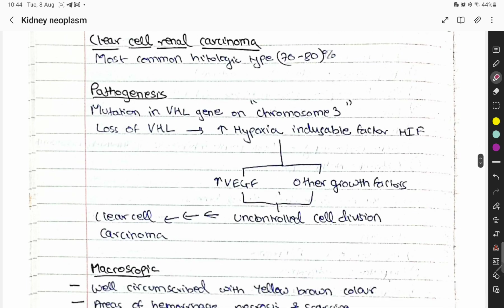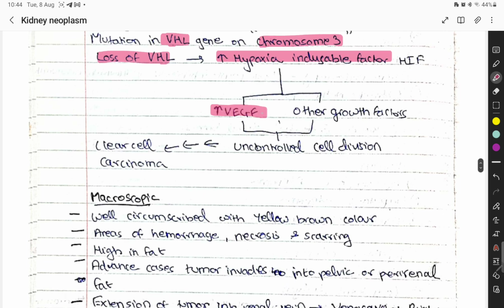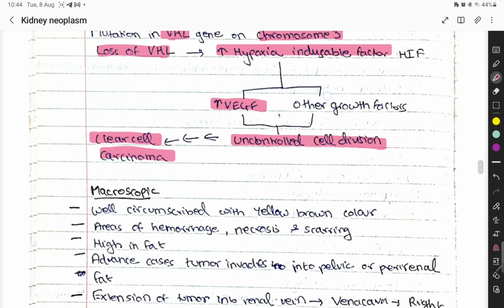Clear cell renal carcinoma is the most common histological type, with 70% to 80%. Pathogenesis: a mutation in the von Hippel-Lindau gene on chromosome 3, loss of VHL, increases hypoxia-inducible factor, which increases VEGF formation and other factors, which causes uncontrolled cell division, which leads to clear cell carcinoma.